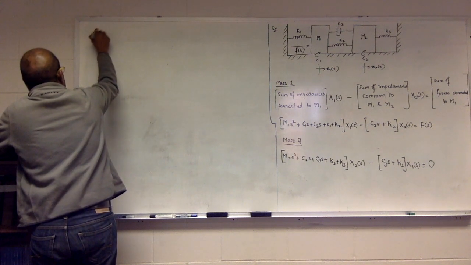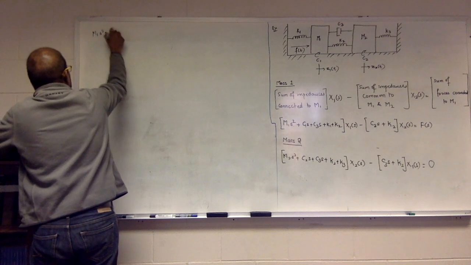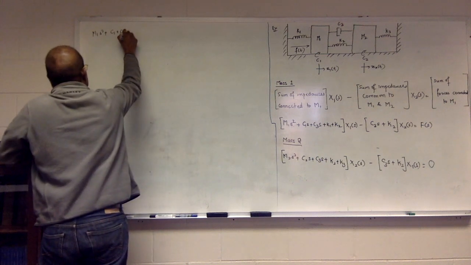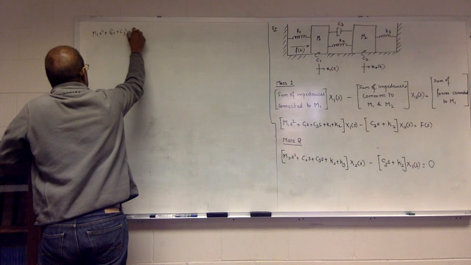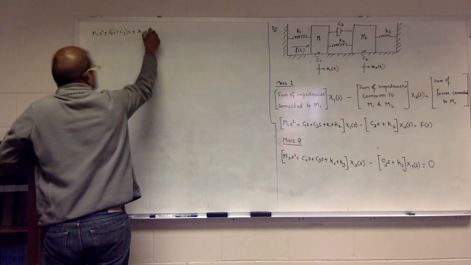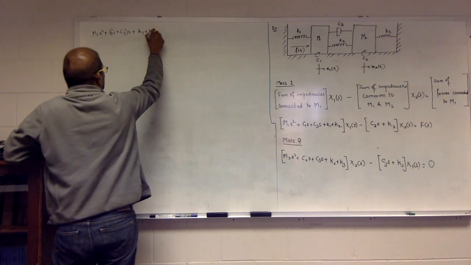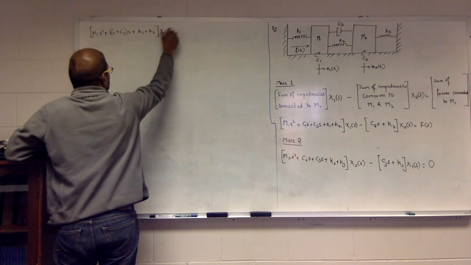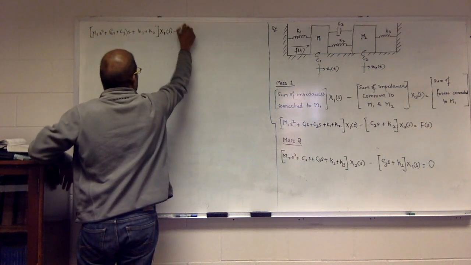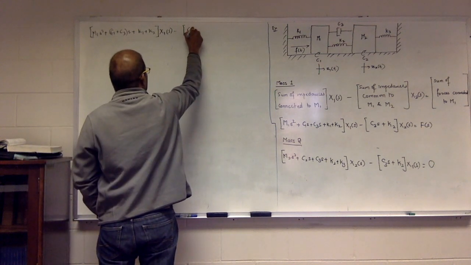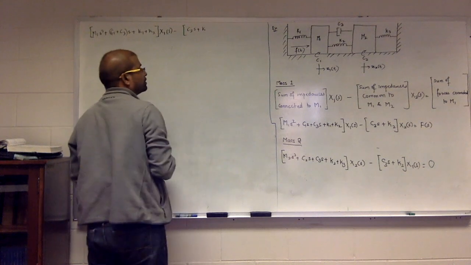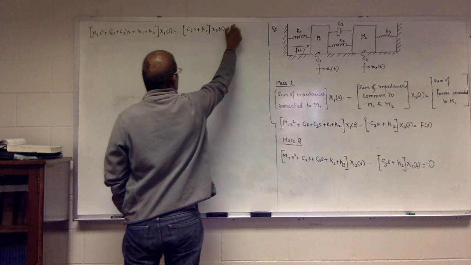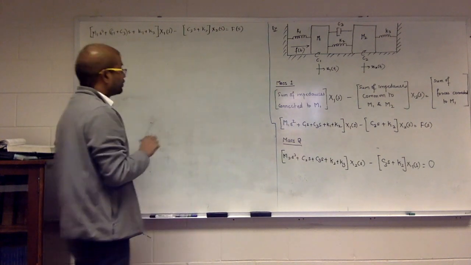That is (m1 s squared plus c1 plus c3) s plus k1 plus k2, times x1 of s, minus (c3 s plus k2) times x2 of s, equal to f of s. Okay, this is one equation.